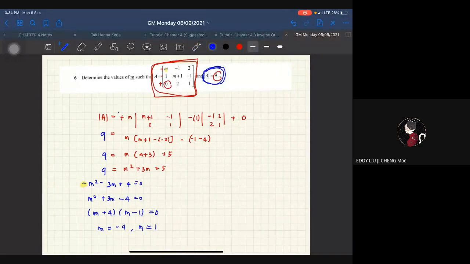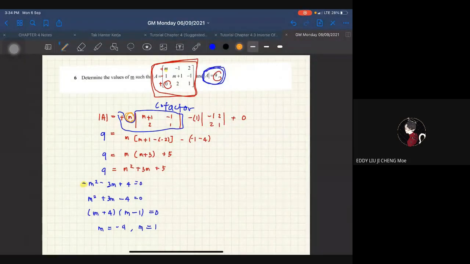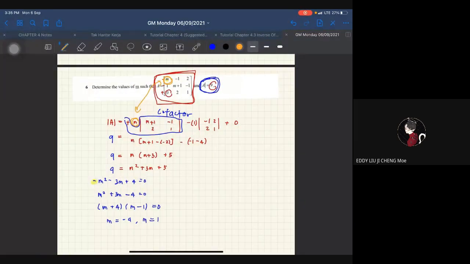So this one over here is dia punya cofactor. Okay, and then this one over here is the element of this one. So setiap cofactor awak dia mesti akan darab dengan elemen yang ada, yang awak guna. Okay, boleh kan? Yeah, boleh. Alright, good.